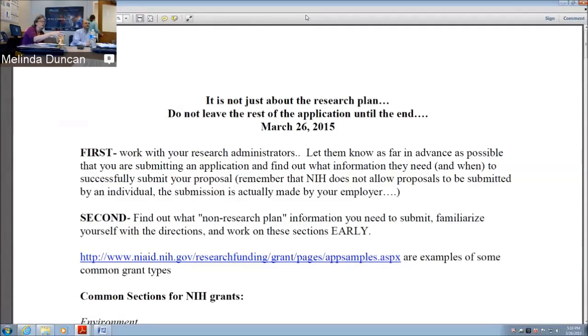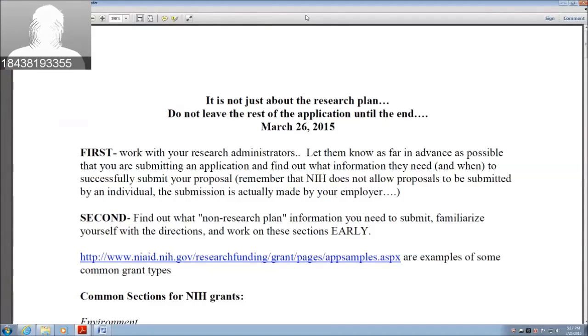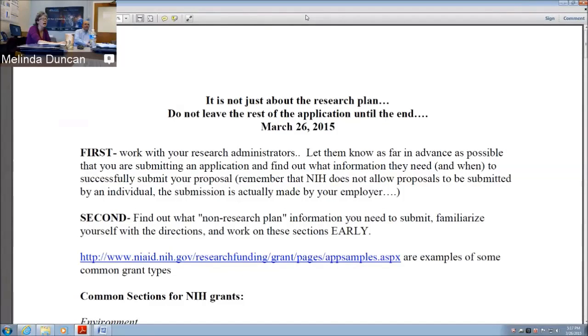So now, this session is going to be completely associated with the grants pages. There is a link on the handout here that is from NIAID, the National Institute of Allergy and Infectious Diseases. For at least the time I've been doing this, past 20 years, they have had excellent resources for grant writing on their website, better than any other NIH institute.